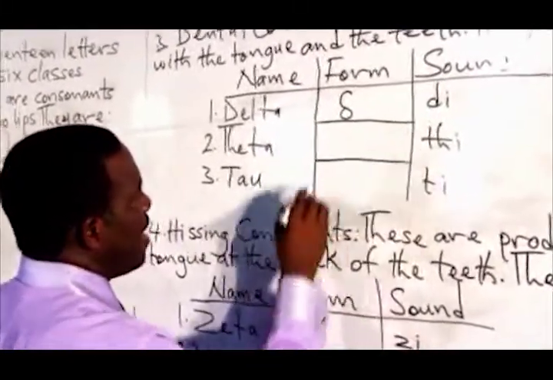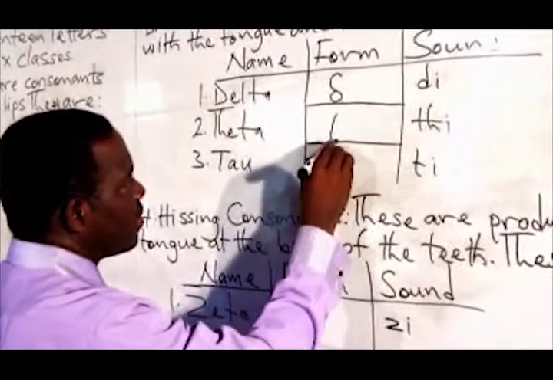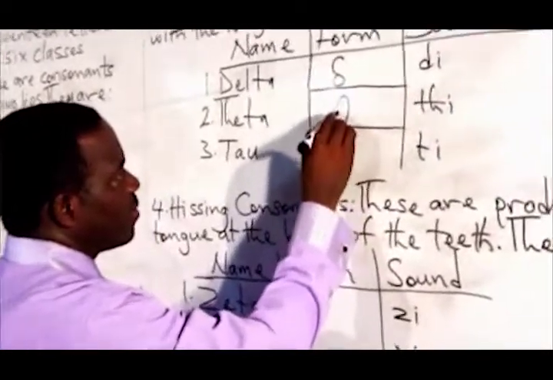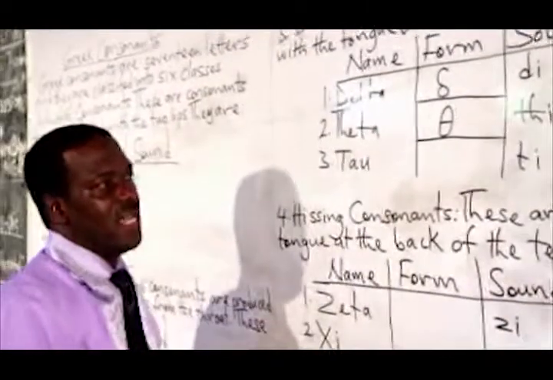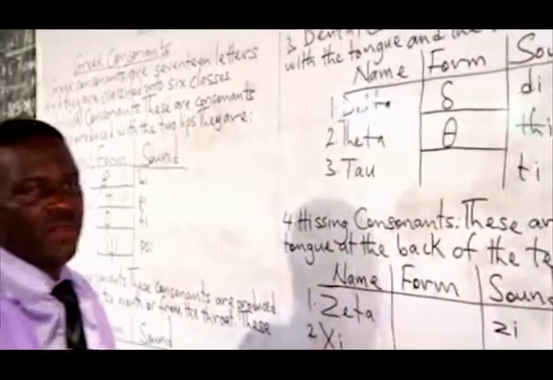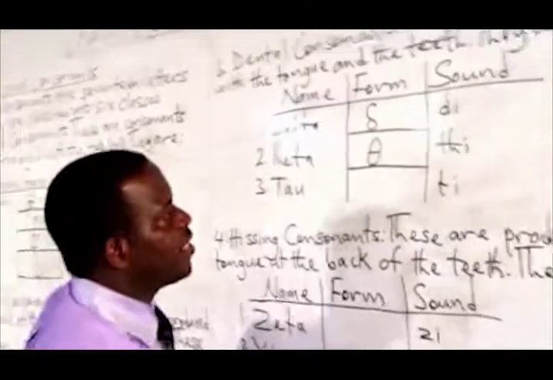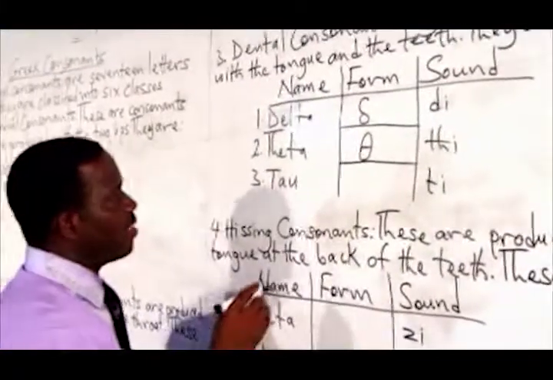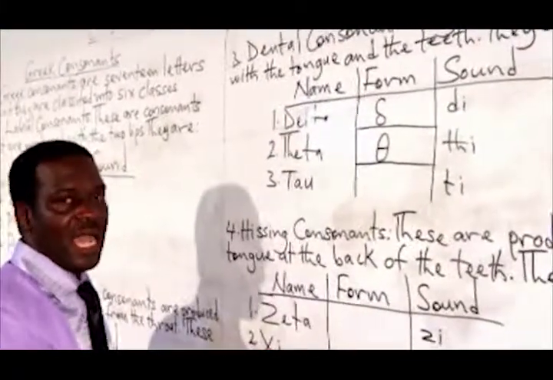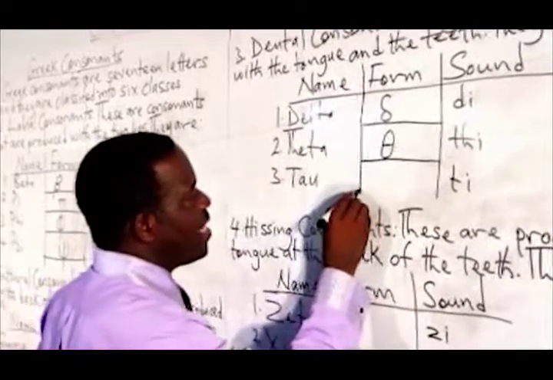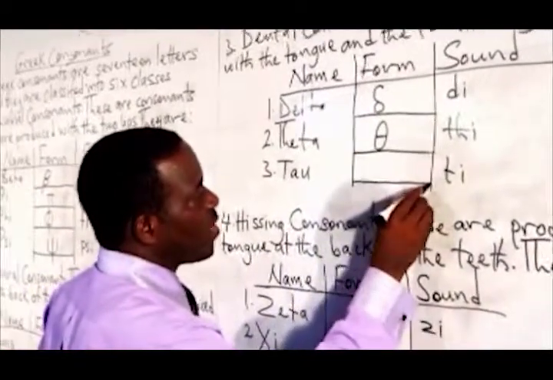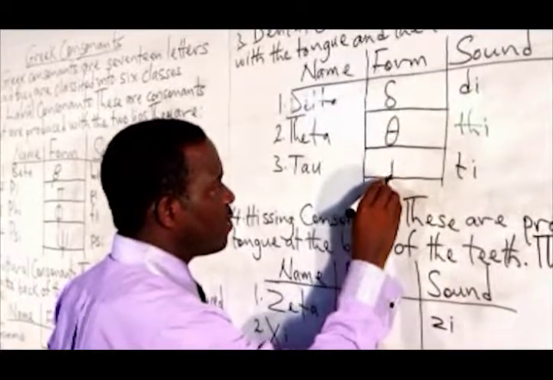The next one is theta. And this is how to write theta. Theta sounds as if you are pronouncing the TH in think. The next one is tau. Tau, the line again. And this is how to write tau.